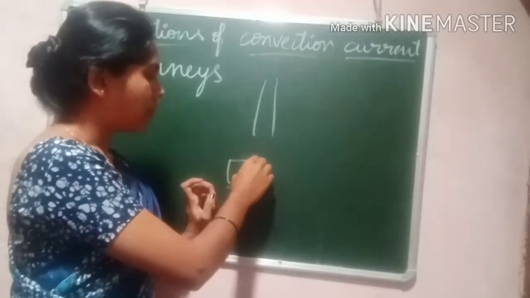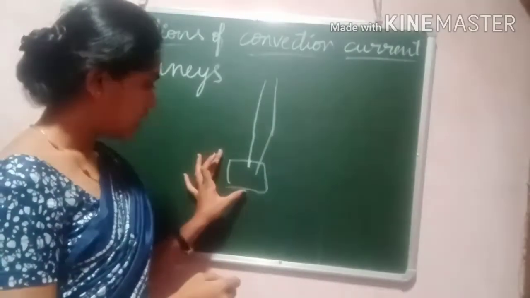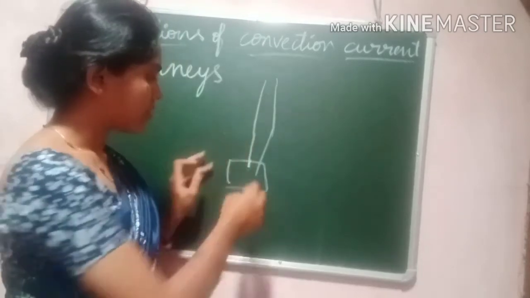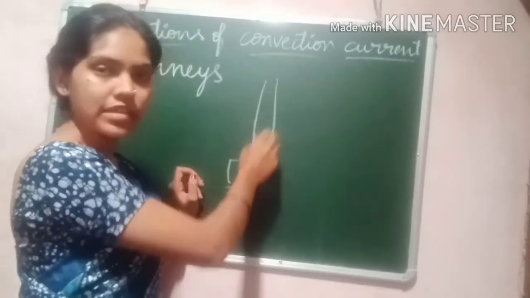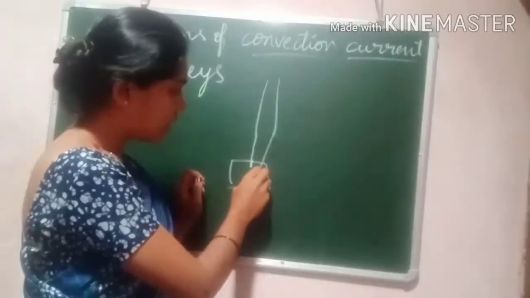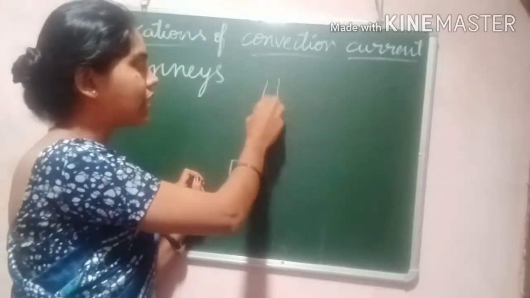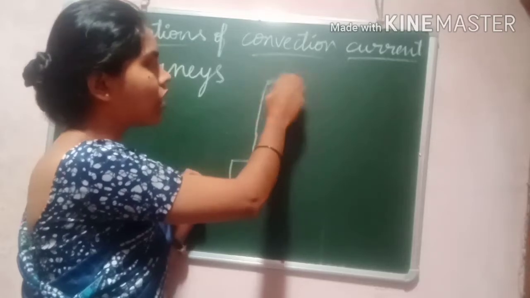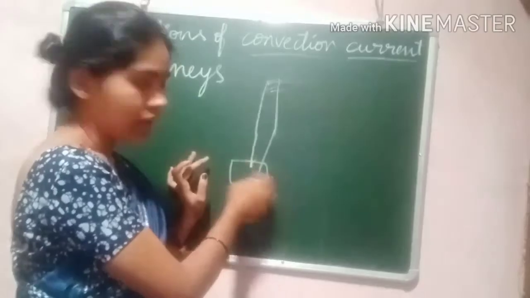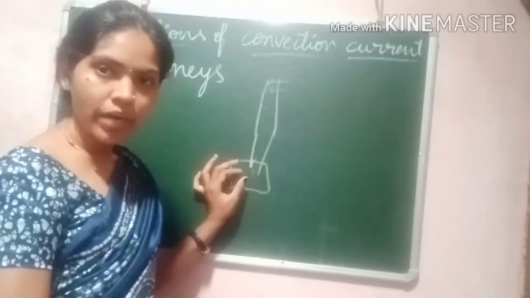So what happens when you connect this heating material to the chimney? The smoke and the gas particles will rise up because of the heat. You are supplying the heat, right? Because of the heat, the smoke and gas particles will rise up and go out through this hole, and simultaneously this part will be occupied by cooler air.